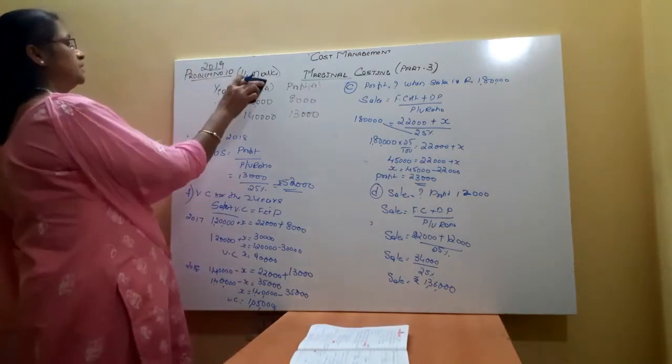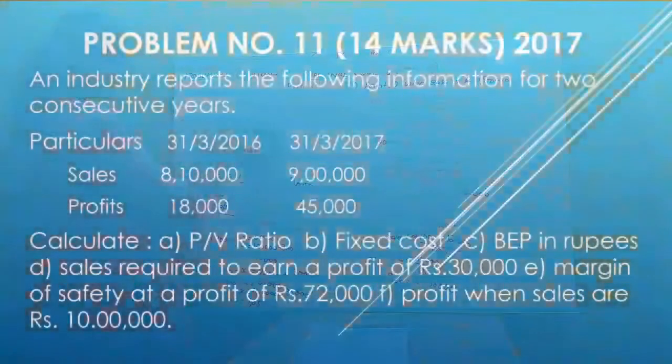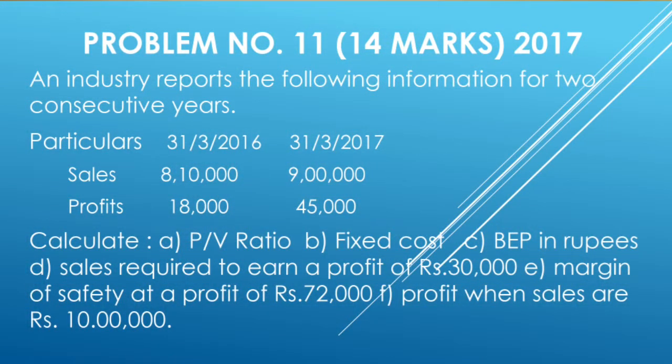2017. They've asked you this problem for 14 marks. So the details are given again here. An industry reports the following information for 2 consecutive years. Particulars, sales and profit for 2 years are given.